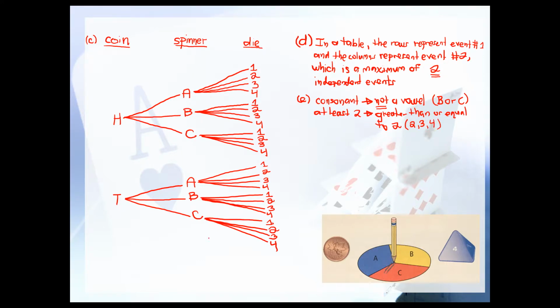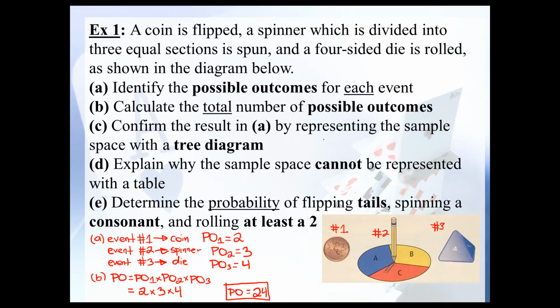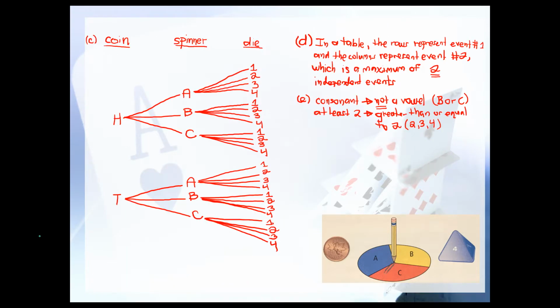Okay, so let's go to the tree diagram now and try to circle which would fall into this category. Okay, so first of all, we're flipping tails. So we're gonna focus just on this part of the tree. So tails. We're not allowed to have a vowel, so we're gonna focus on this and this, tails, and then B or C. And then we need a number that is going to be greater than or equal to 2.